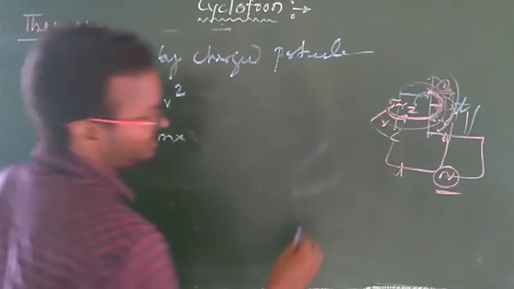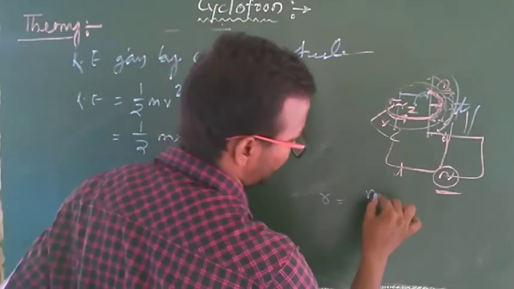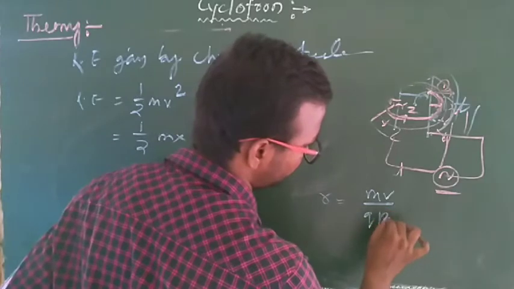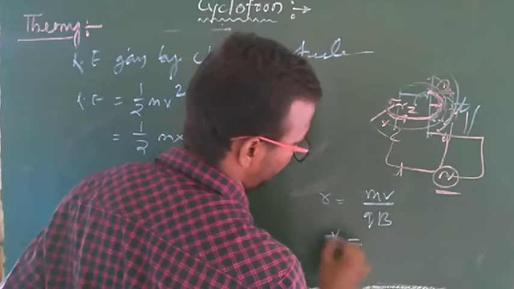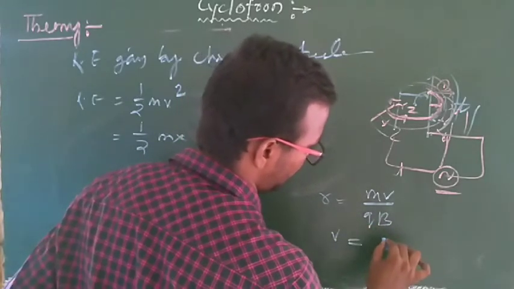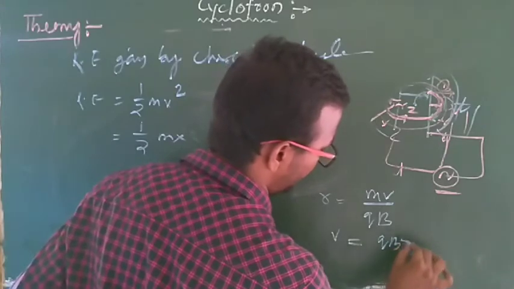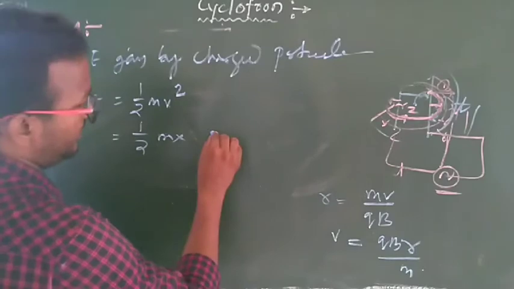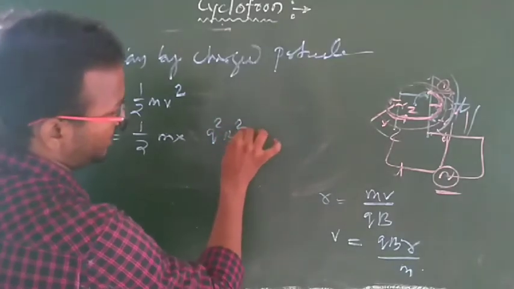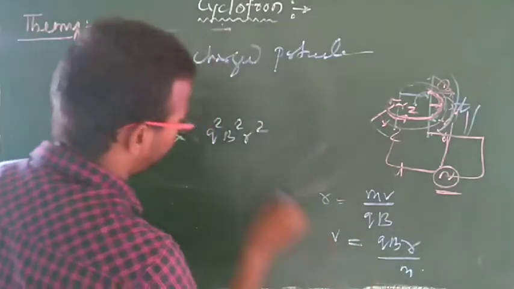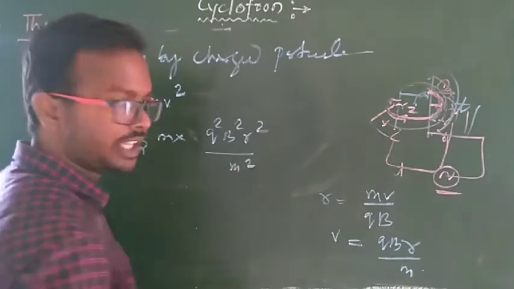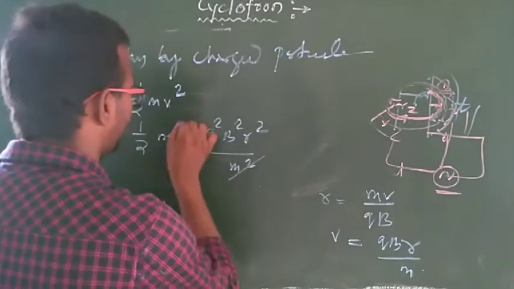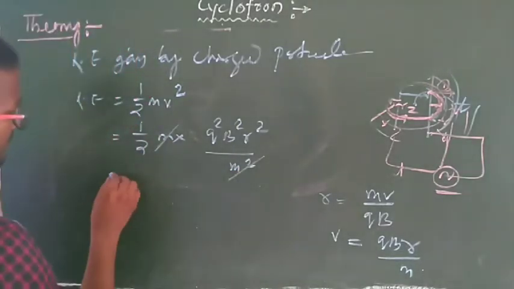What is velocity? Because r equals mv by qB, velocity v equals qBr by m. So it is q square B square r square divided by m square. One m cancels; this is the mass of the charge particle.